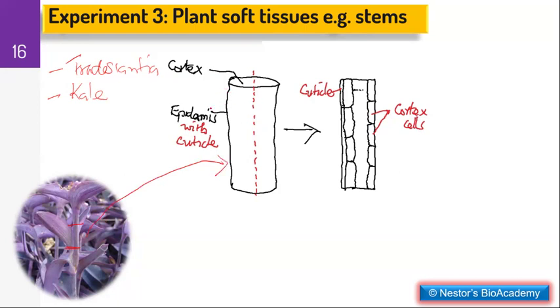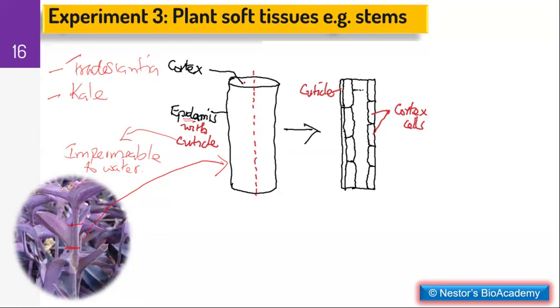The outermost layer of this piece of stem will have the epidermis, and the epidermis is always covered by cuticle. One thing to note about the cuticle is that it is always impermeable to water, and this is important because it enables the plant to minimize water loss through transpiration and evaporation from the plant tissues.